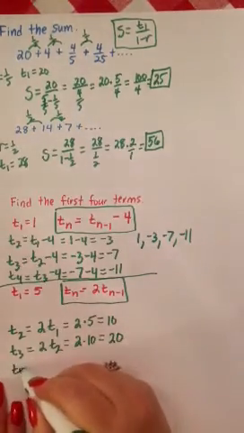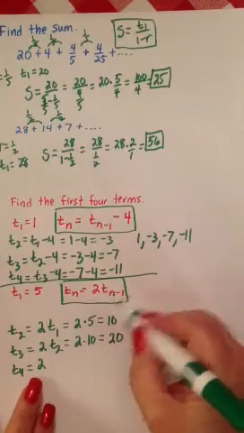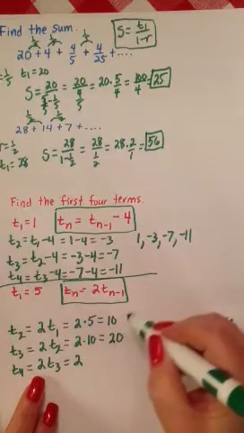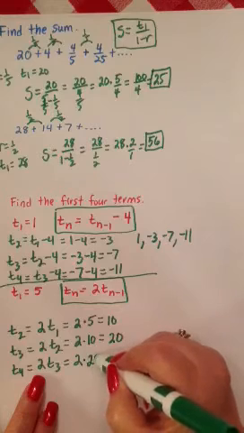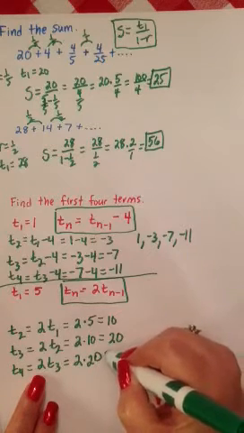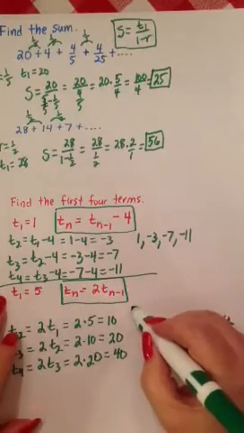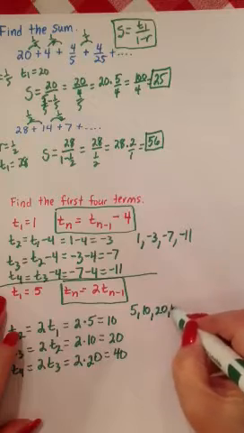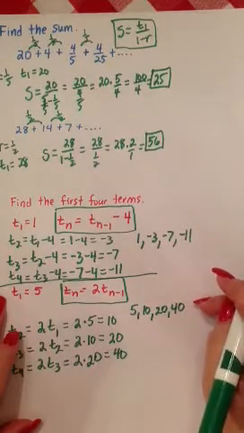And then t sub 4 will be equal to 2 times t sub 4 minus 1 is 3, and so that would be 2 times t sub 3, which is 20, and so 2 times 20 is 40. So the first 4 terms would be 5, 10, 20, and 40. It looks like to get from term to term, they just multiply by 2.